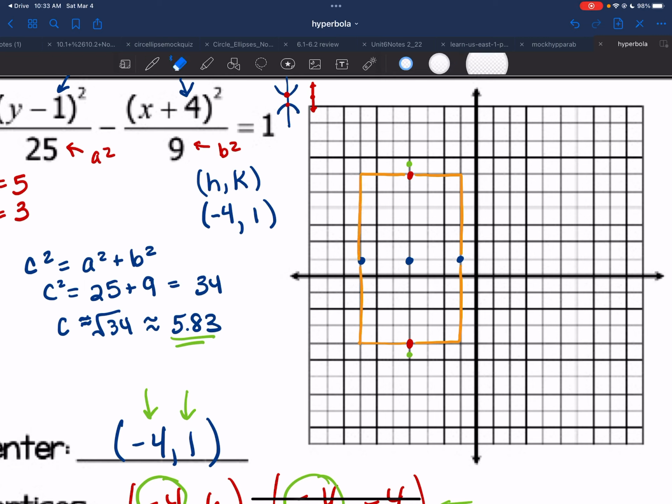Then of course my asymptotes are going to come from one corner through the center to the next one. That one's a little bit off at the top, but we get the idea. Then remember that our graph is going to sit on that vertex and approach those asymptotes.